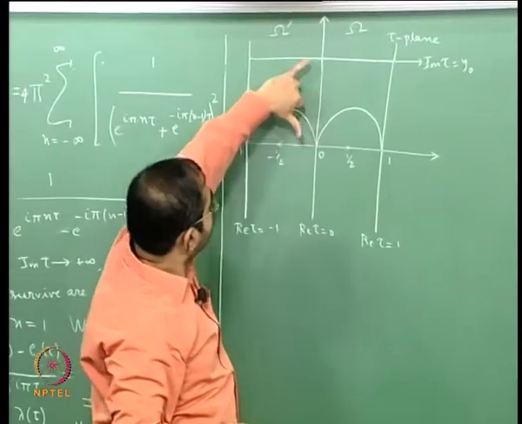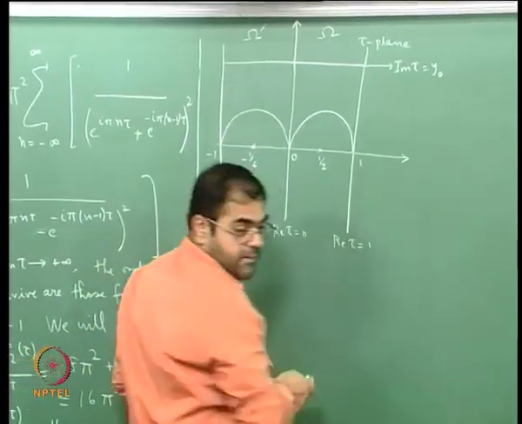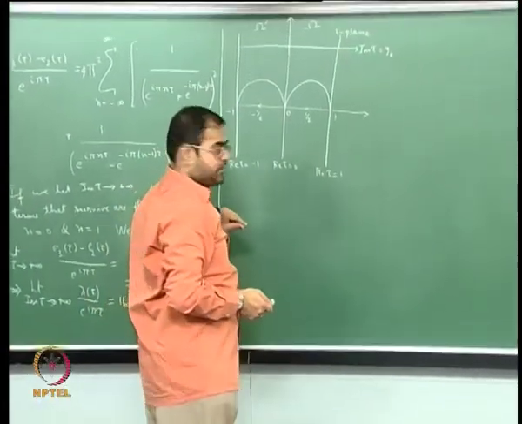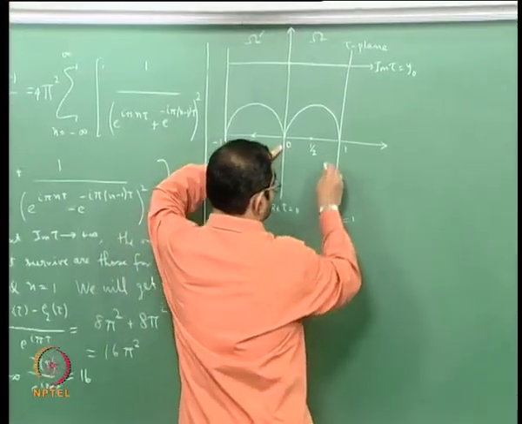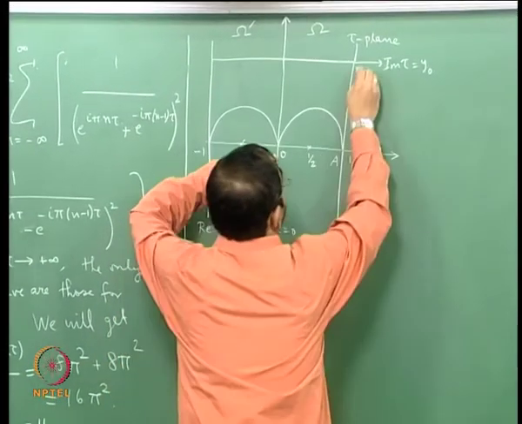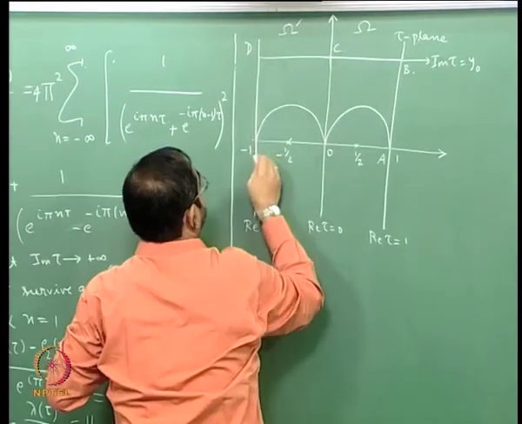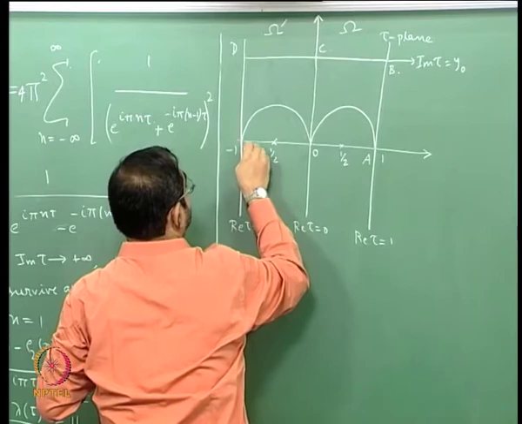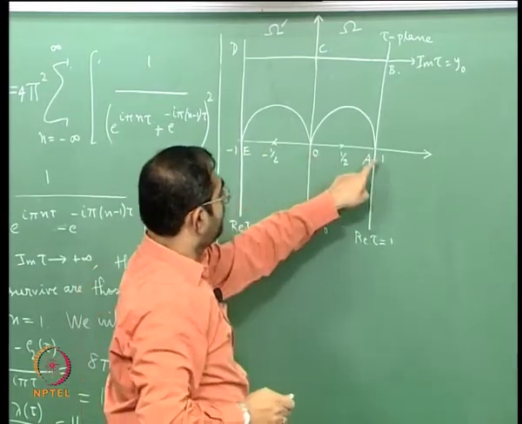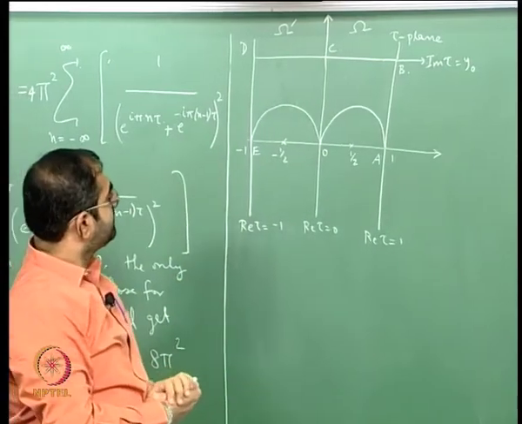Okay, so this length is y naught, right, and let me give names for these points. So this is O, this is A, right, and then B, C, D, this is E, I guess.